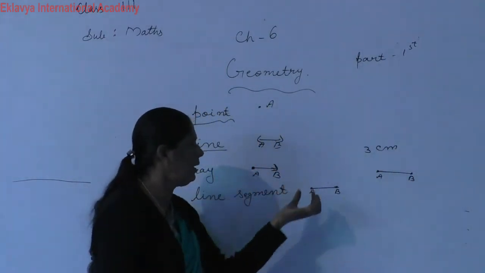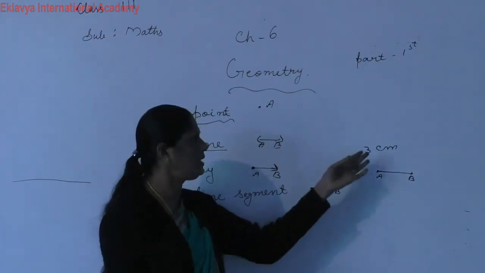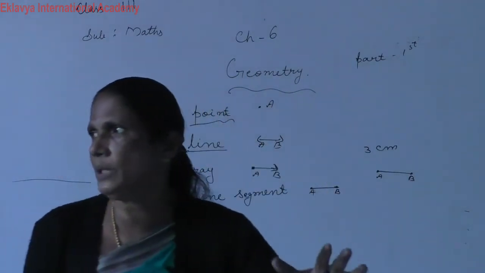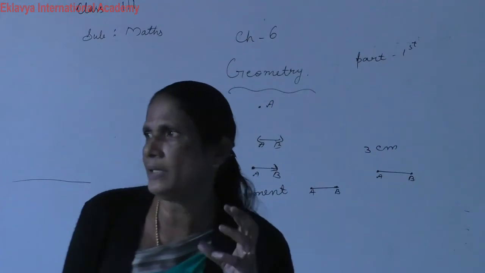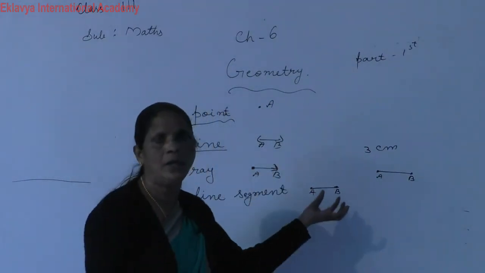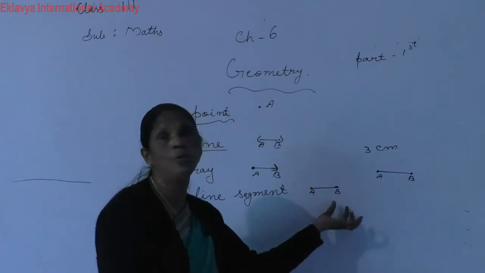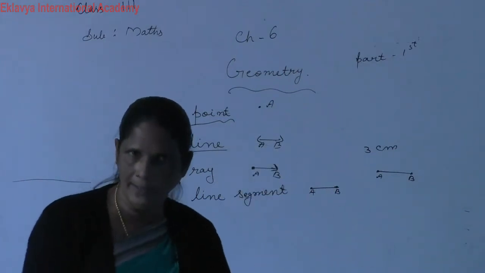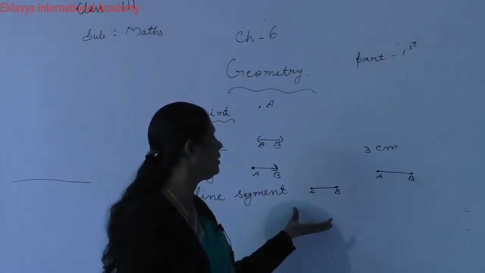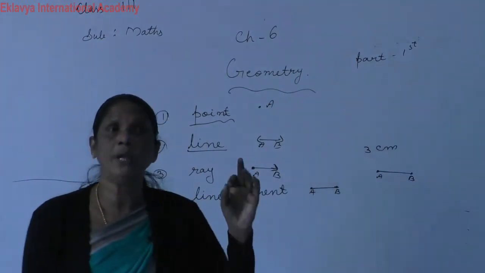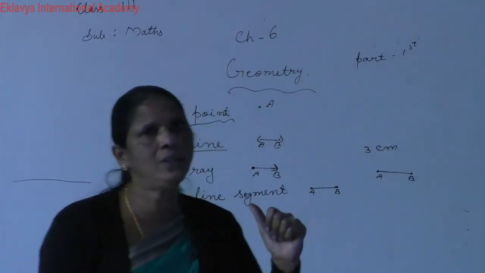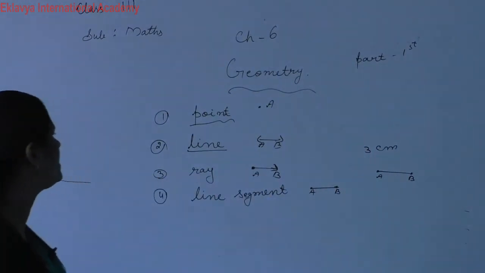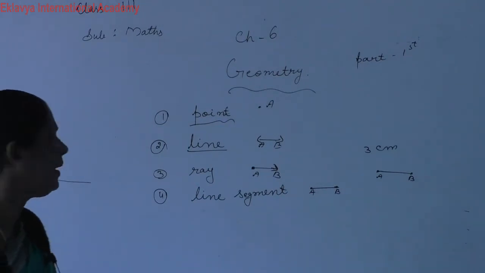A line segment has definite length, such as 3 centimeter, 4 centimeter, 5 centimeter, 8 centimeter. It has two end points and is a part of a line.